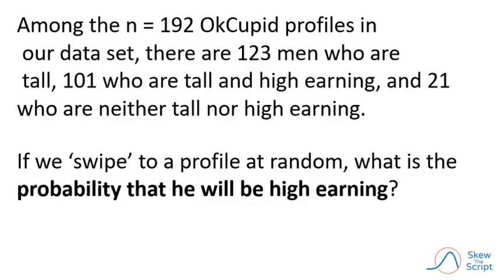So in the data, we gathered 192 OkCupid profiles, and we found that 123 of the men reported that they were tall or above median height. 101 reported that they were tall and high earning, meaning that they were reporting above median height and reported making more than the median income. And finally, 21 reported that they were neither tall nor high earning.